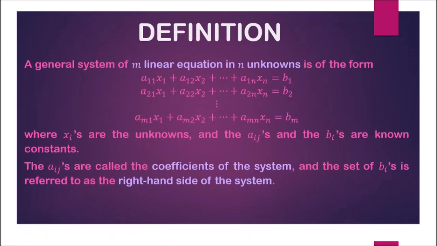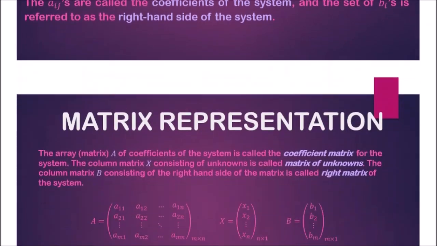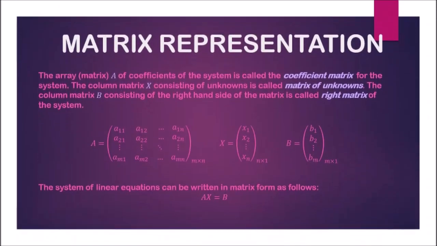How can we represent a linear system as a matrix? The m cross n matrix A of coefficients of the system is called the coefficient matrix. The n cross 1 column matrix X consisting of unknowns x1, x2, ..., xn is called the matrix of unknowns.